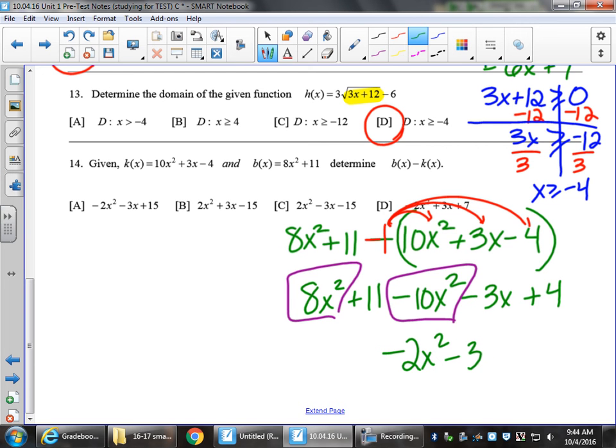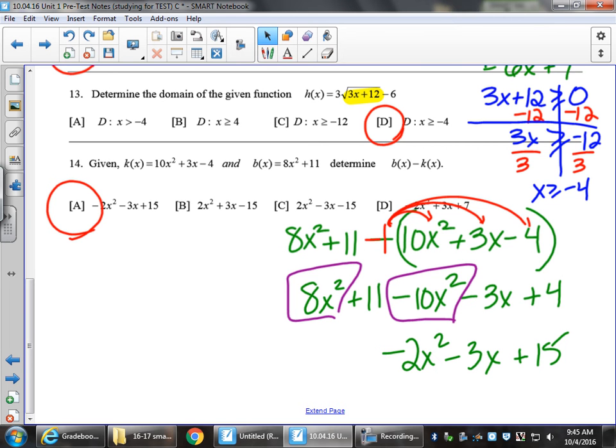Minus 3x, careful. And then 11 plus 4? Plus or minus? Good job. Now notice A, B, and C, what's the only difference between A, B, and C? The signs. 2, 3, and 15, but all the positives and negatives are different choices. So watch your signs. What's the correct answer? A.